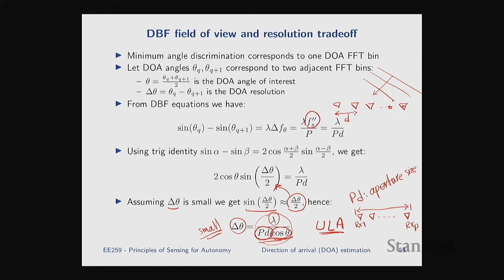So it's this f double prime s, which is equal to 1 over d, that is the spatial sampling rate of your antenna array for the incoming echo. That's how far apart you sample the phase of that incoming wave.